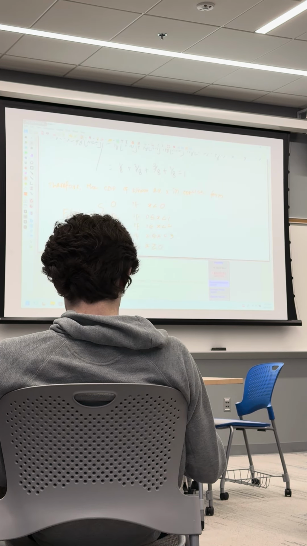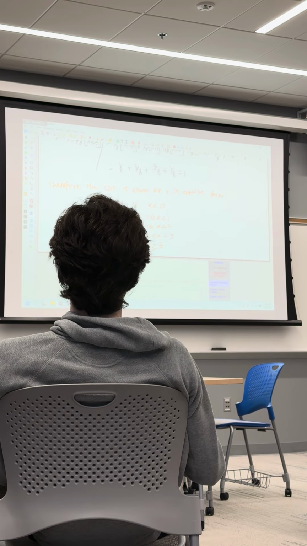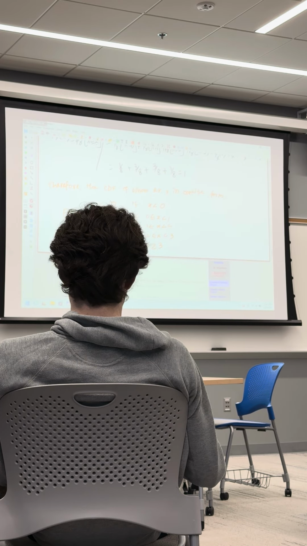That way you cover the entire real line. So this is also correct. Okay? You can show me graphically, or you can show me mathematically as such.